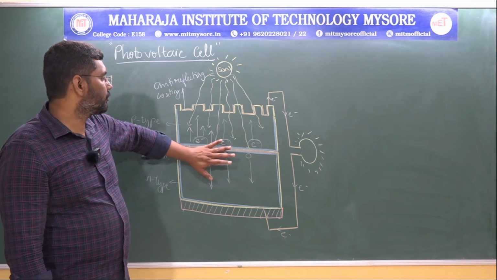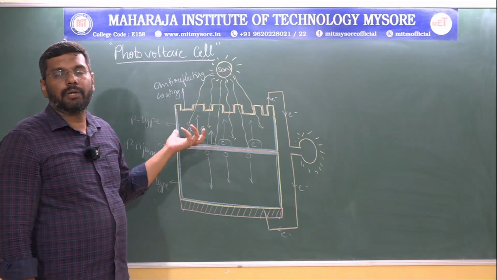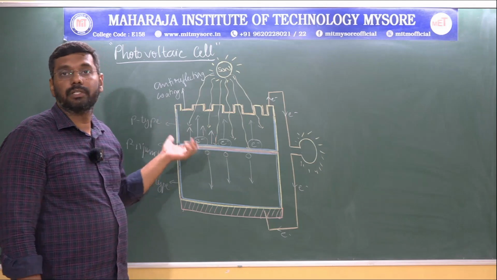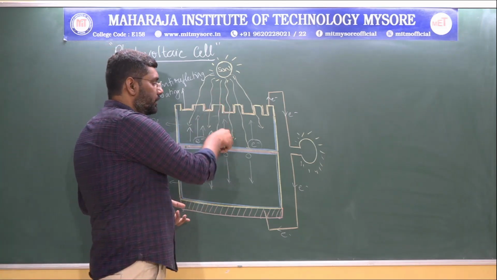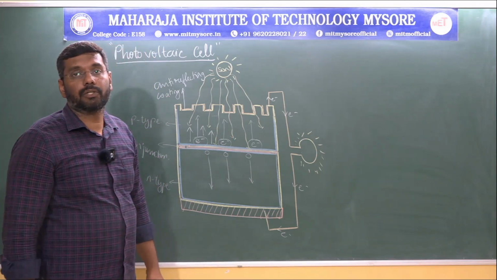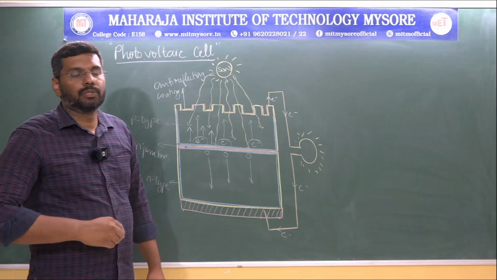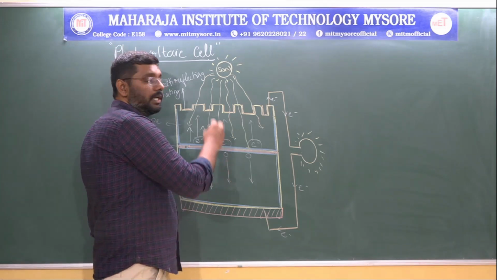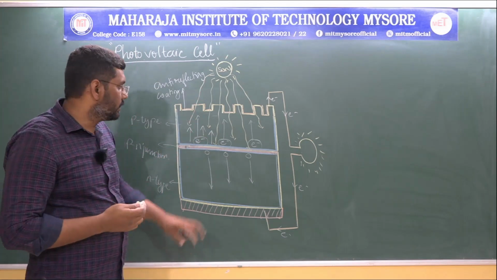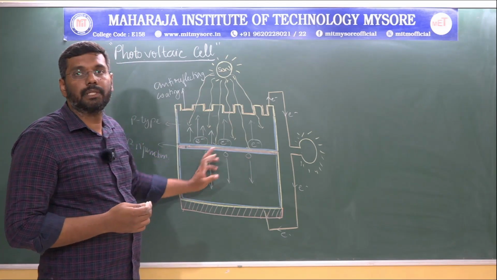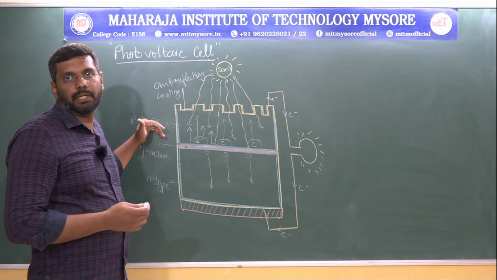We know that each electron has its own energy because it rotates on its own axis in any particular atom. So when extra energy is absorbed by those electrons, its oscillation gradually increases. Due to the increased oscillation and energy level, it gets converted from ground state to excited state, and at the same time the holes are generated here due to the presence of the p-type semiconductor.